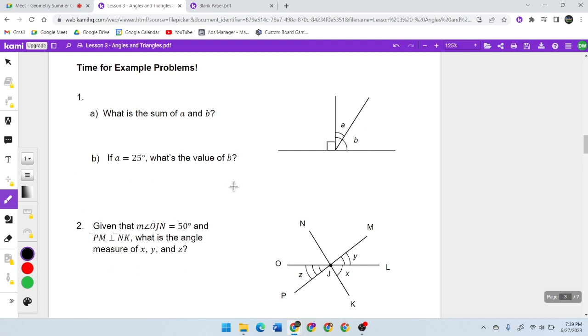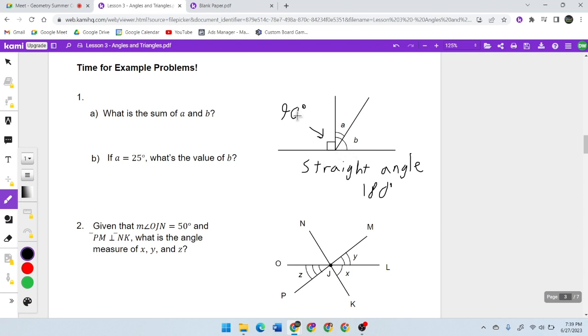So number one, we have this kind of shape right here. We got a lot of angles going on, as you can see. The first question is, what is the sum of A and B? So here's what I would tell you. This looks like a straight angle, right? The long, straight one? Exactly. A straight angle, remember, is 180 degrees. You see that we have a 90-degree angle right there because of the square, which means the last side, this A and B combined, has to be 90 degrees as well.